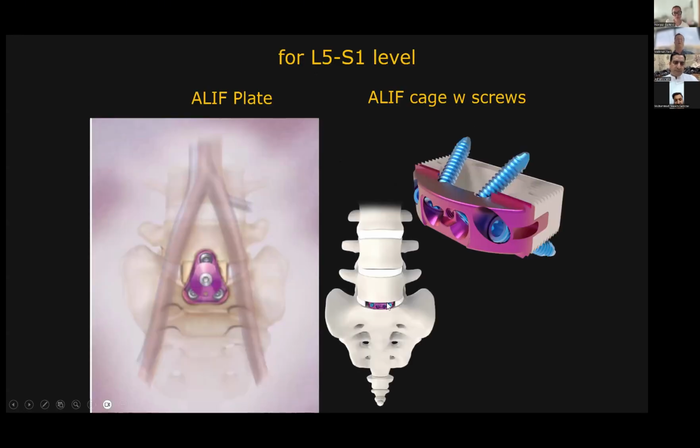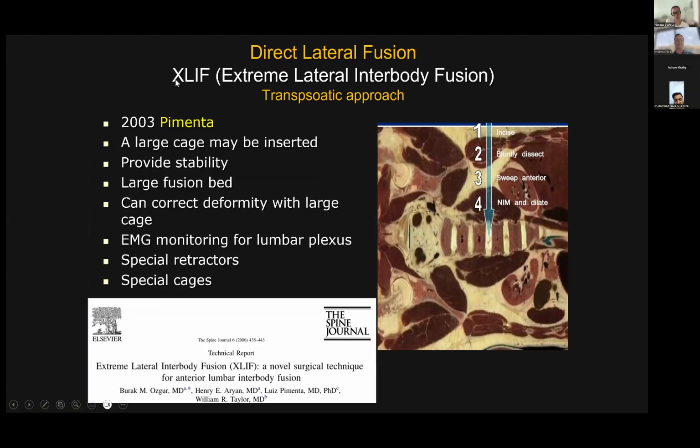For the L5S1 level, since graft extrusion after application of a cage is possible, there are so-called ALIF plates or cages with screws to make the placement secure.